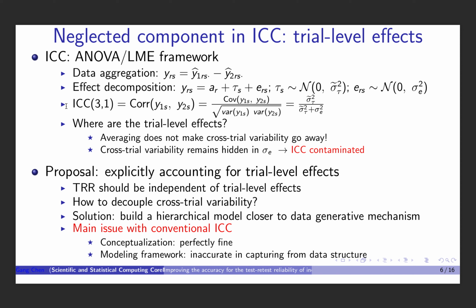But how do we achieve that? Well, the idea is to construct a model that reflects the hierarchical structure of the data as accurately as possible, as close as possible to the data generating mechanism. Hopefully, with that more accurate hierarchical structure, we would be able to resolve the issue.